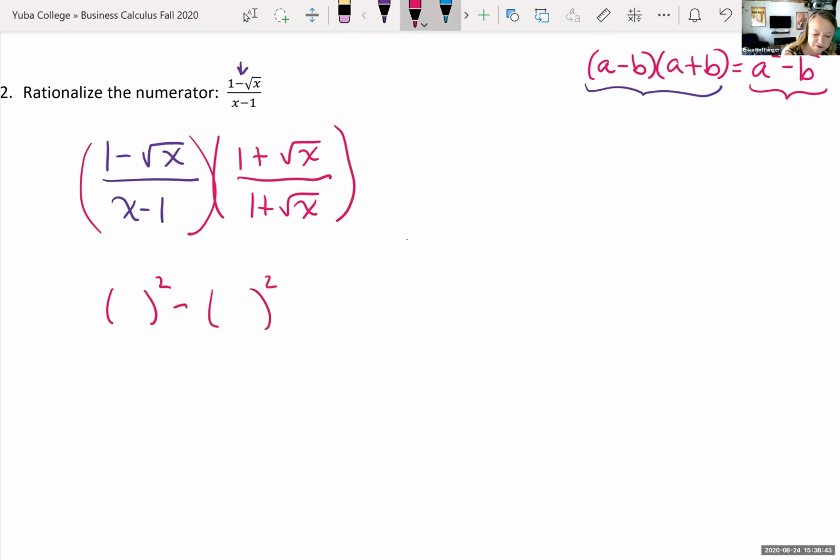The square of my first term would be 1 squared minus the square of my second term, the square root of x squared. It's better if you actually don't distribute the piece that wasn't the conjugate, because that will help us later on. So this is the same thing as x minus 1 all times 1 plus the square root of x.